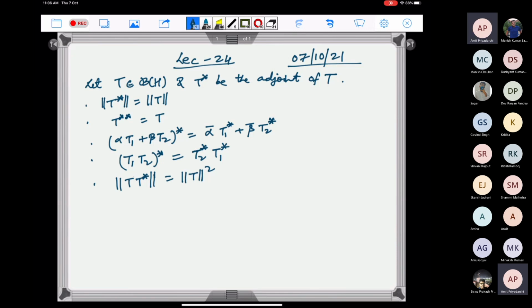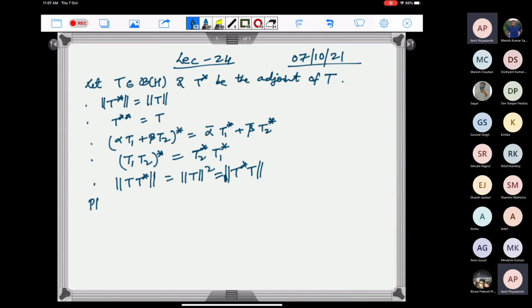So both of these, norm of T star T and norm of T T star, are equal to norm T square.